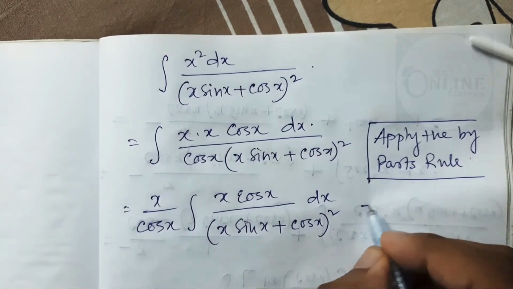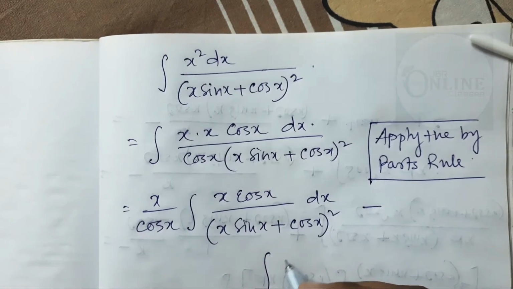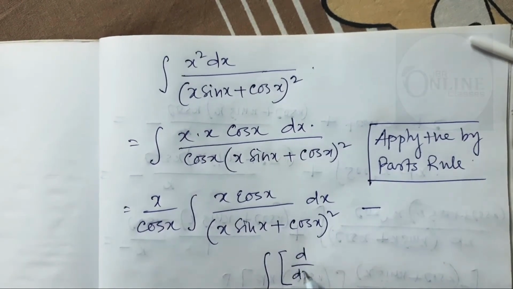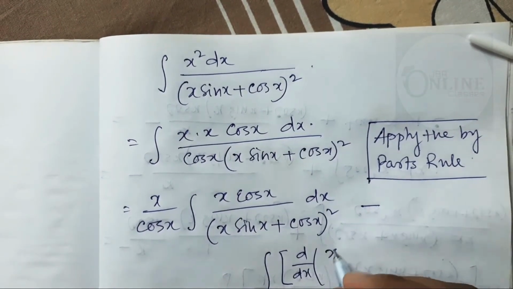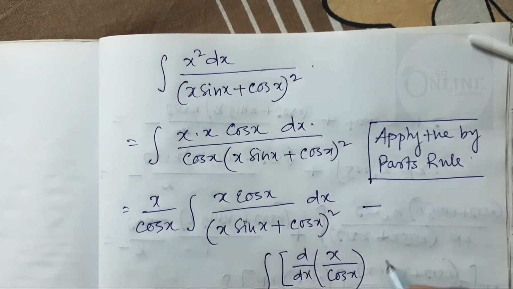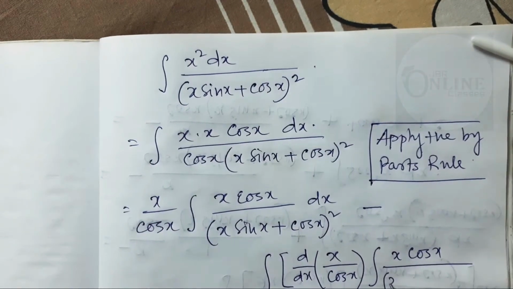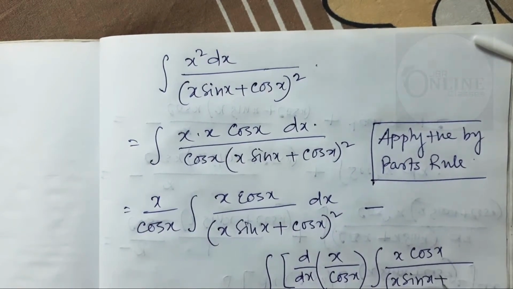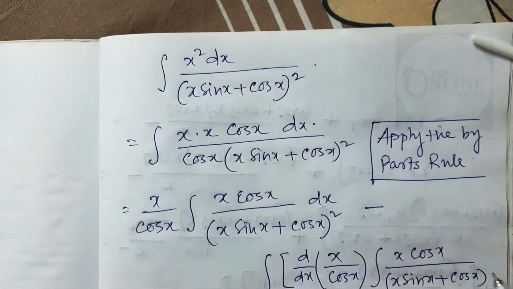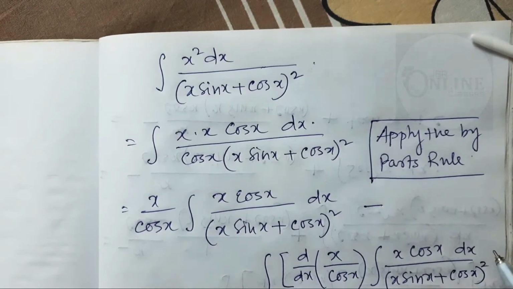Okay. And then minus integration of differentiation of the first function, which is going to be x by cos x, and integration x cos x by x sin x plus cos x whole square dx.